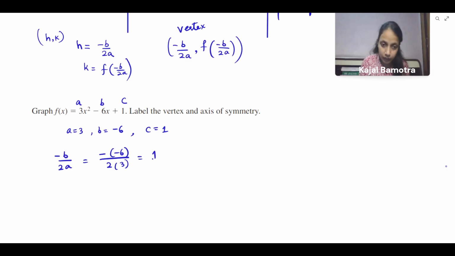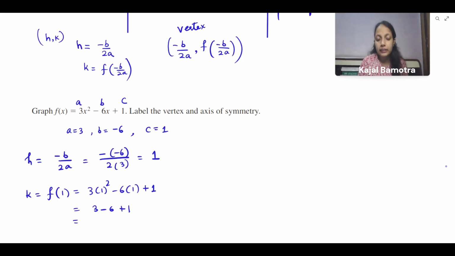So the answer is 1. The h value is 1. So k is what? f of 1. 3 times 1 squared minus 6 times 1 plus 1. 3 minus 6 plus 1. 4 minus 6 is minus 2. Done. So the vertex is (1, negative 2).